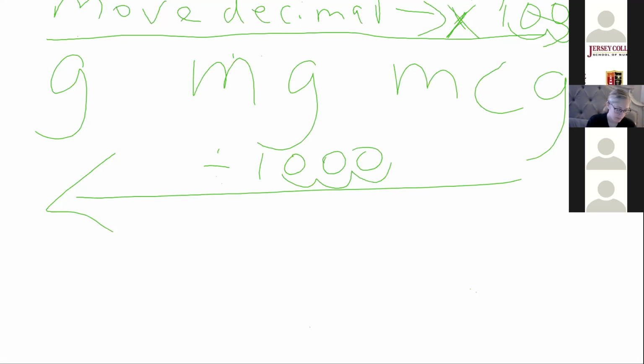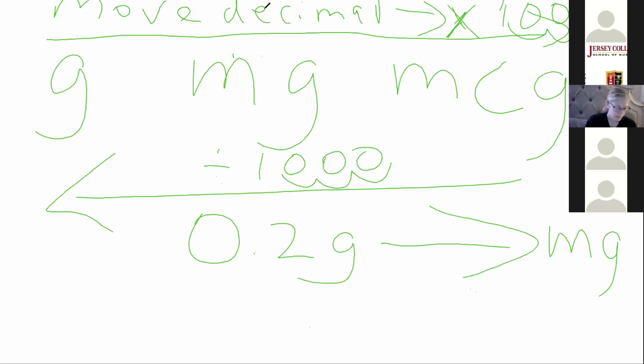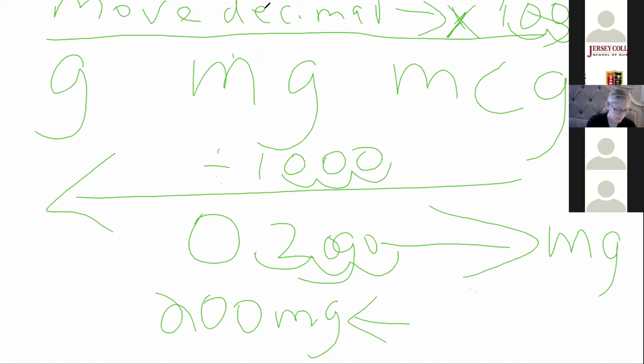So if you have 0.2 grams and you're going to milligrams, you're going to the right. So put your arrow that way. If you had 200 milligrams and you're going to grams, you're going to the left, because you've got to go this way.